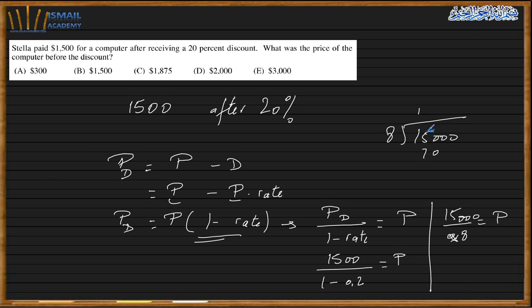So what's left is 64, then 56, so it's going to be 7, and what's left is 0. This is 5, and C is my answer.